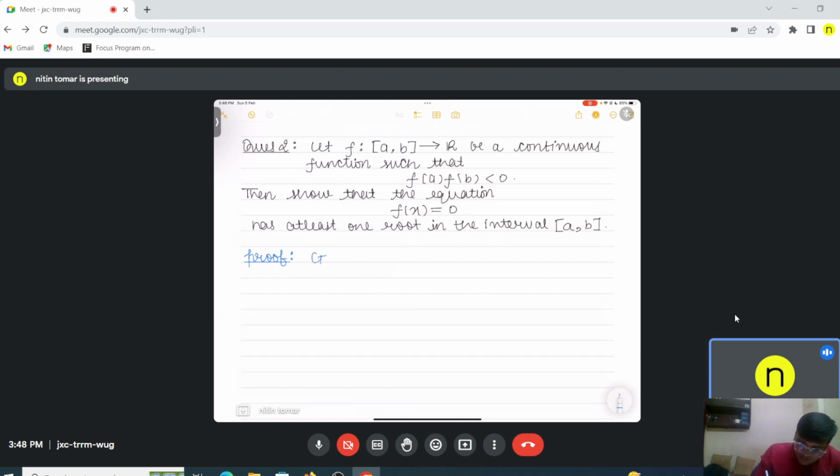Now see, given f(a) times f(b) is less than or equal to 0, what can you say about f(a) and f(b)? So we know that one of them at least has to be negative. Either f(a) is strictly negative or f(b) is strictly negative, because if both of them are non-negative, then the product will be non-negative.